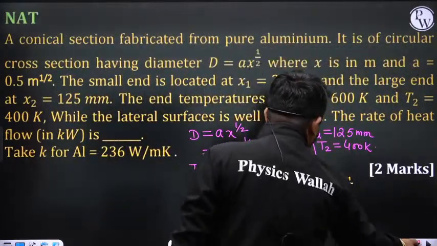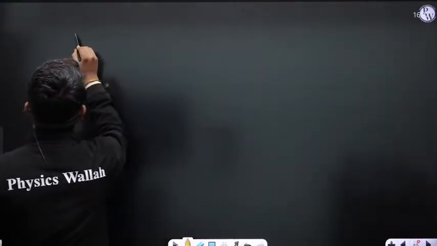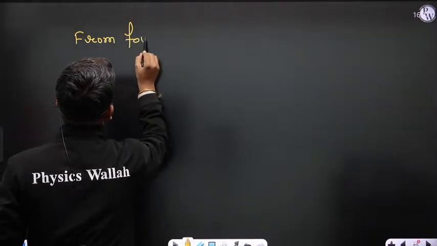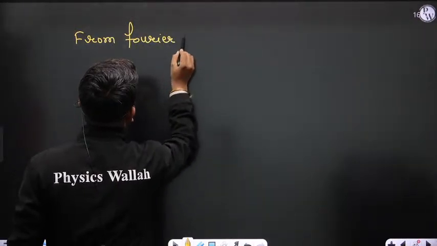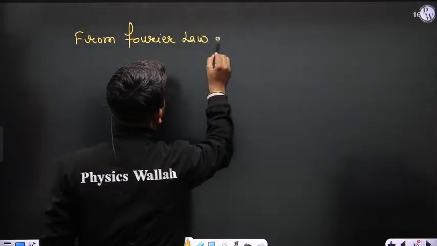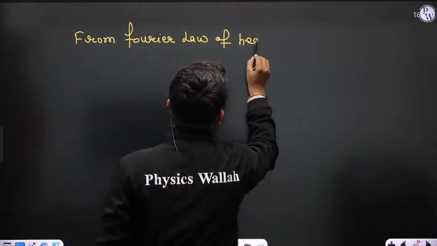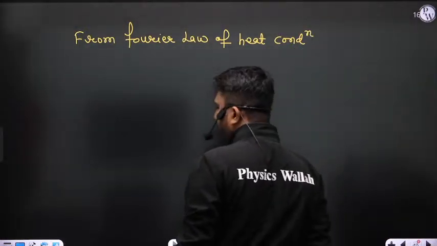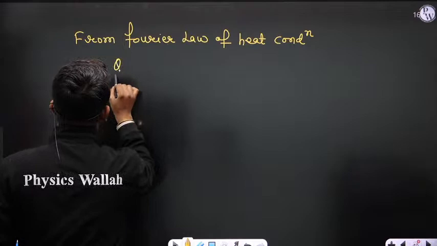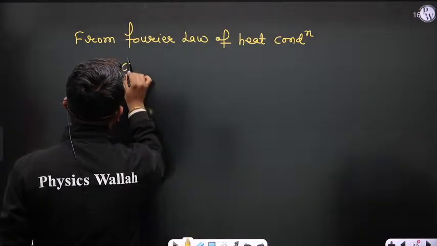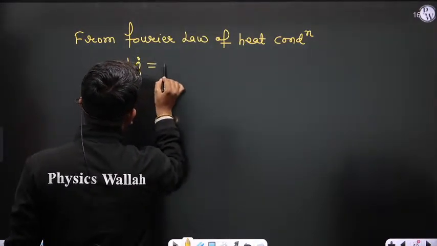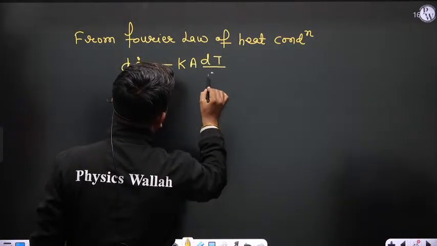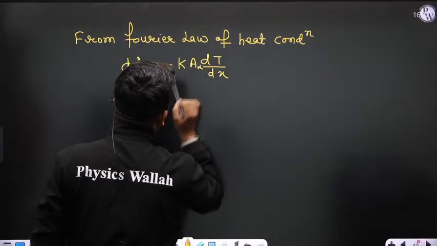From the Fourier law of heat conduction, we can say dq dot is equal to minus k A, and this is dT by dx, or A_x.